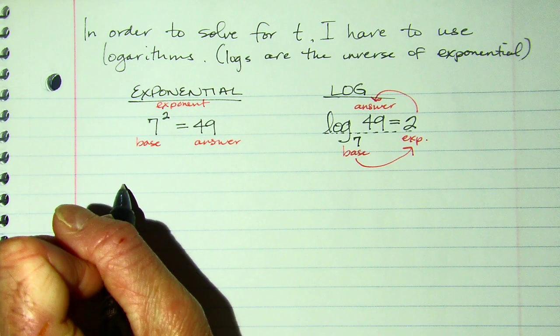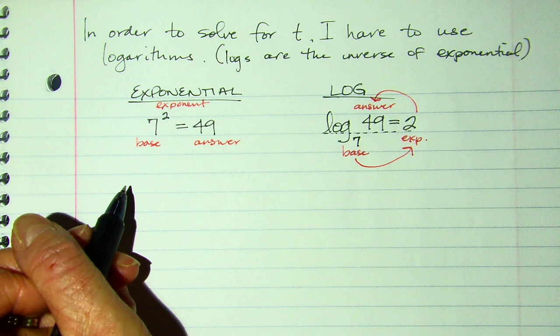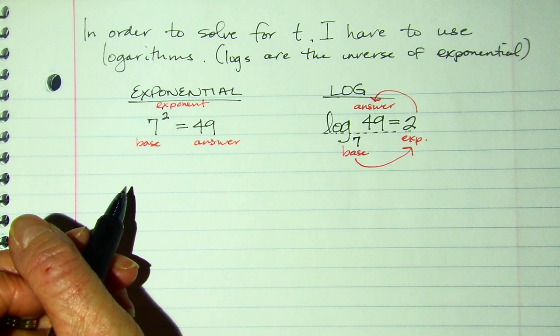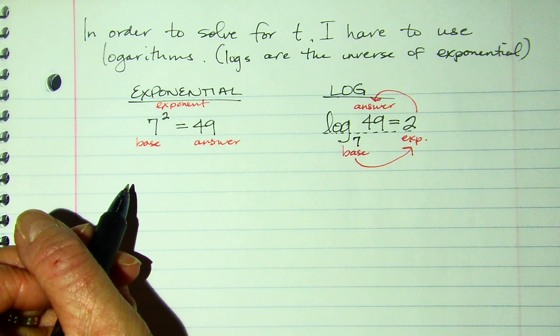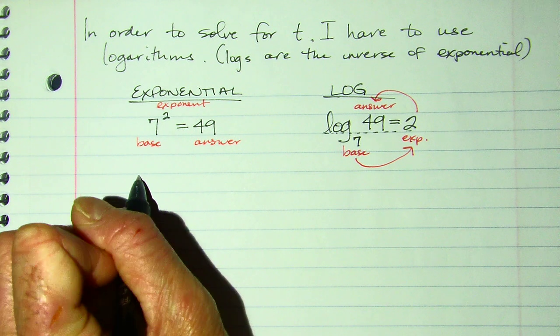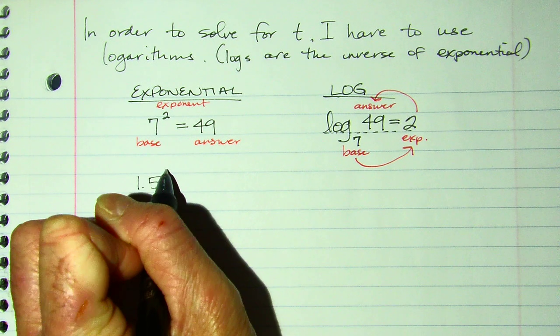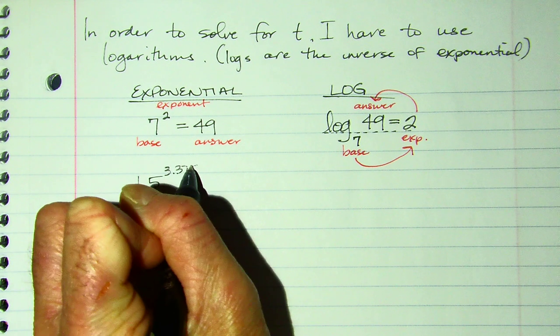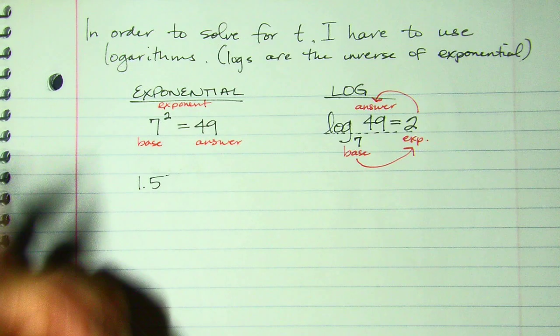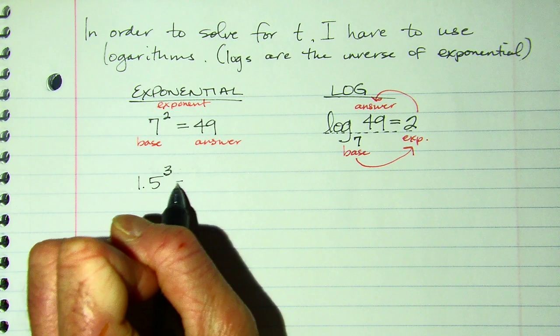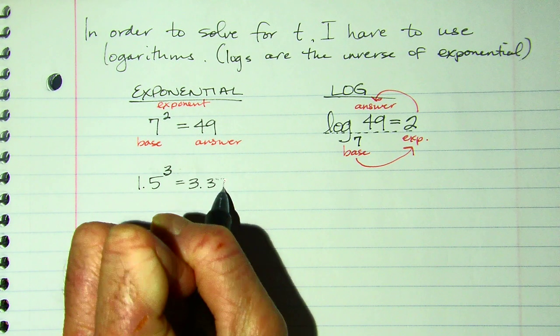So if I said, let's see here, if I said 1.5 to the third equals 3.375.